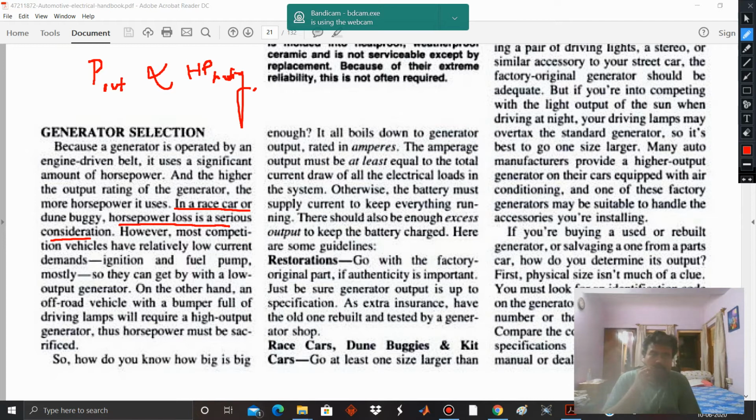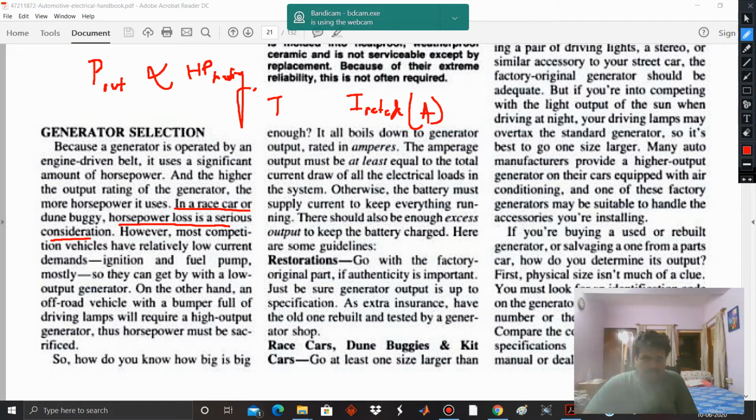So it all boils down to the generator output, which is rated in amperes. So that is the I rated. This will be our focus, and this should be rated in amperes. So the amperage output must be at least equal to the total current drawn by all the electrical load in the system.